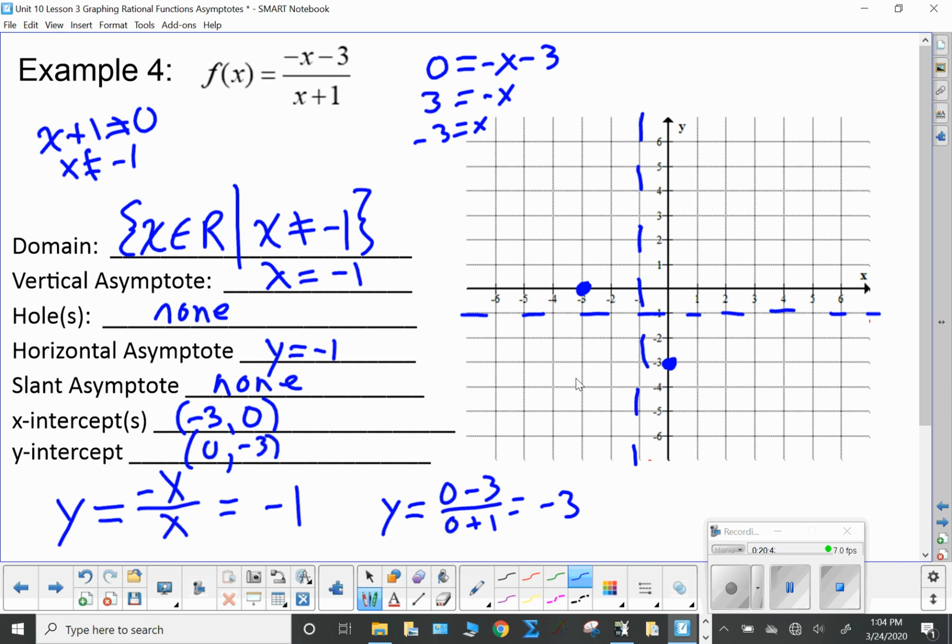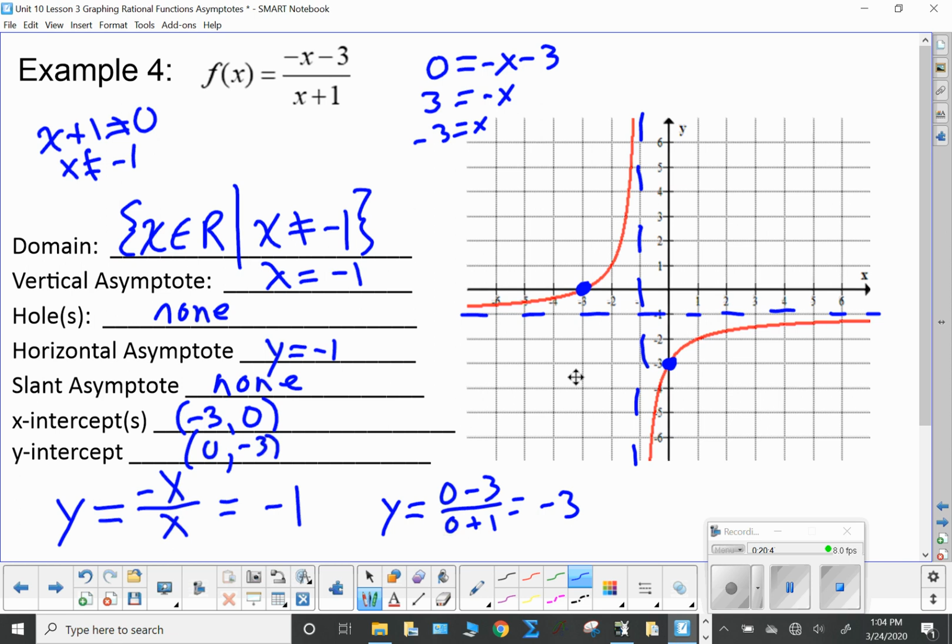You want to go back and look at number 1 for that. And you can plot a couple of the points. Okay, you find that negative 2 is here, 1 is about here, and you can then sketch in your curve, which is the red. The red curve there is the actual curve of the function. The blue dashed lines are guides. They guide the curve. Those are your asymptotes.